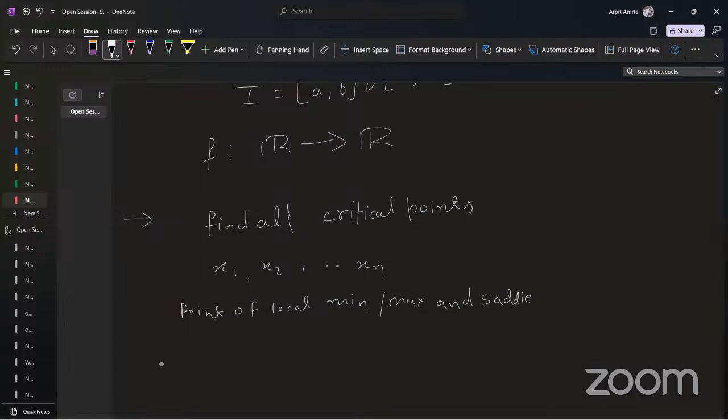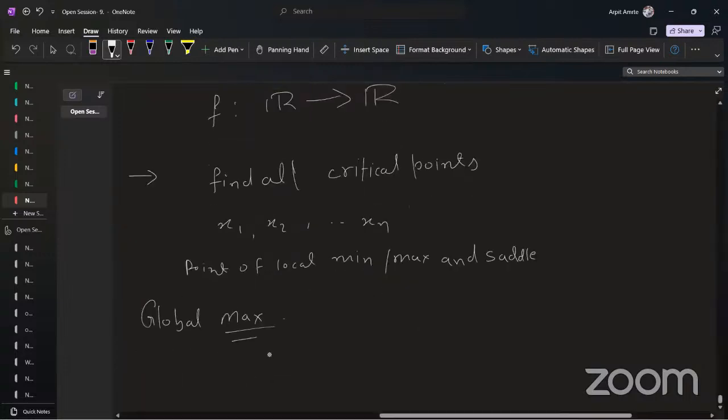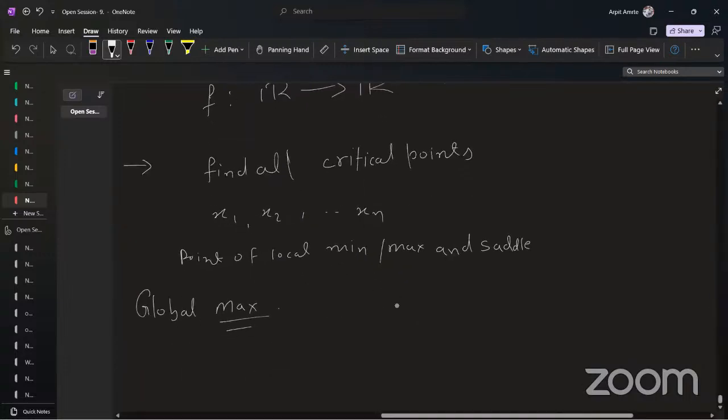So once you get the local minima points, local maxima points, and saddle points, suppose you want to find the global maxima. How will you find it? That's the question. Suppose in your local maxima set you have the points x1, x5, and x7.